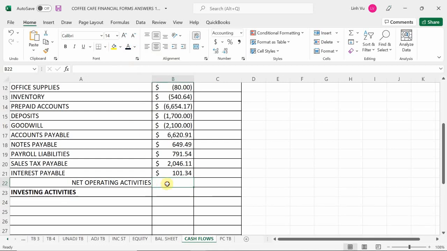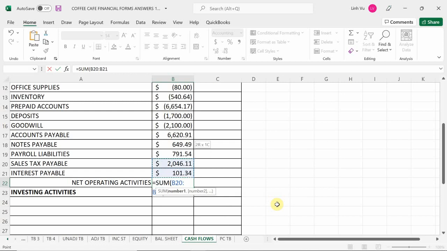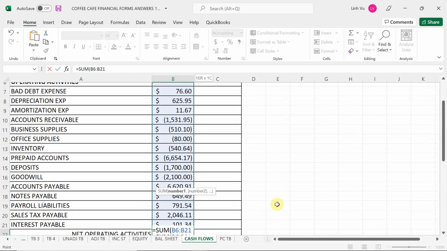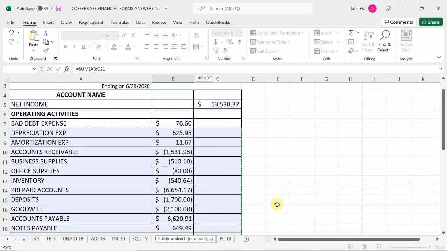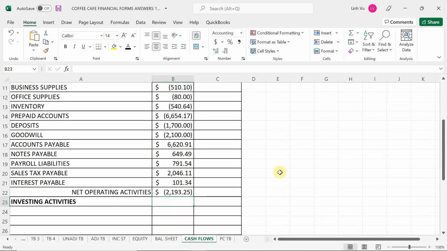So I'm going to equal sum all of your current liabilities, all of your current assets, and your other assets, starting with this, including the non-cash transactions. I'm going to add all of these up together, and I get a total of negative $2,193.25.